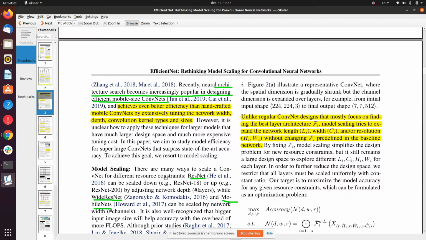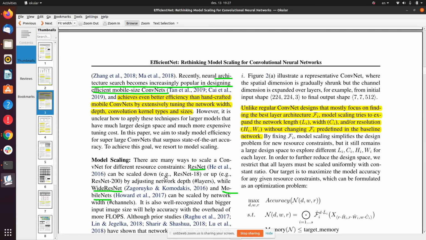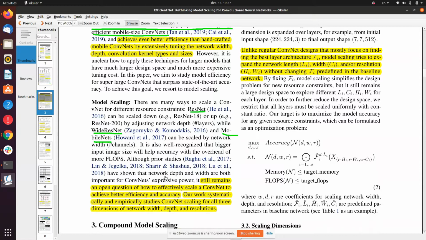But I'm not sure if anything is present for text data or audio. Got it. Thank you very much.